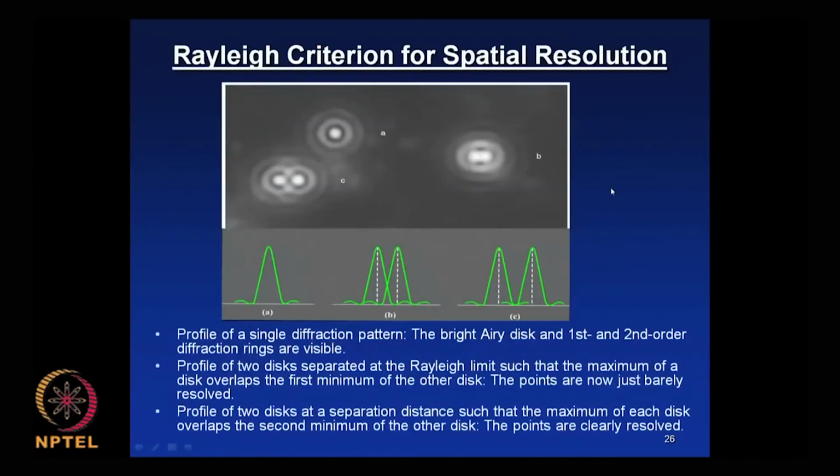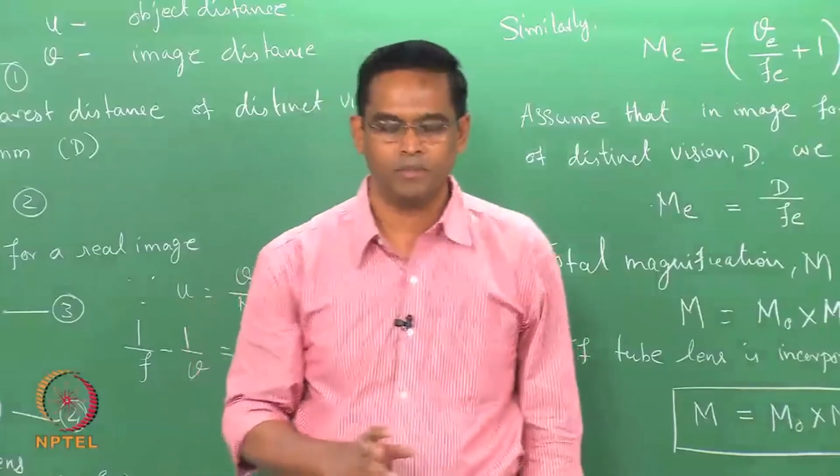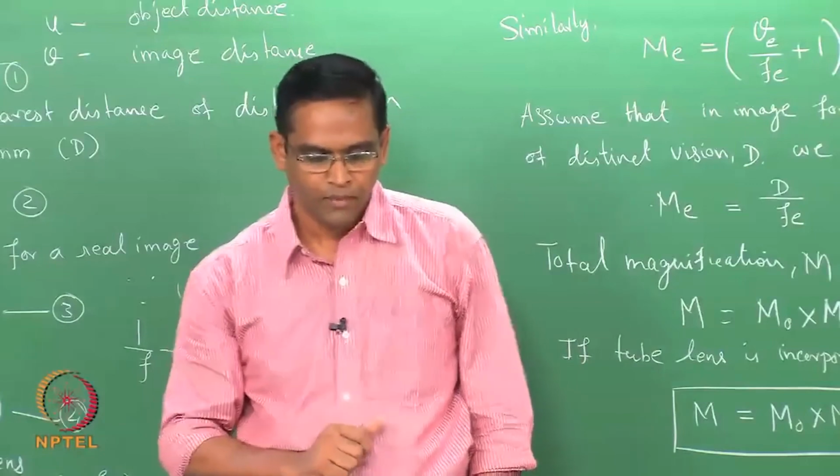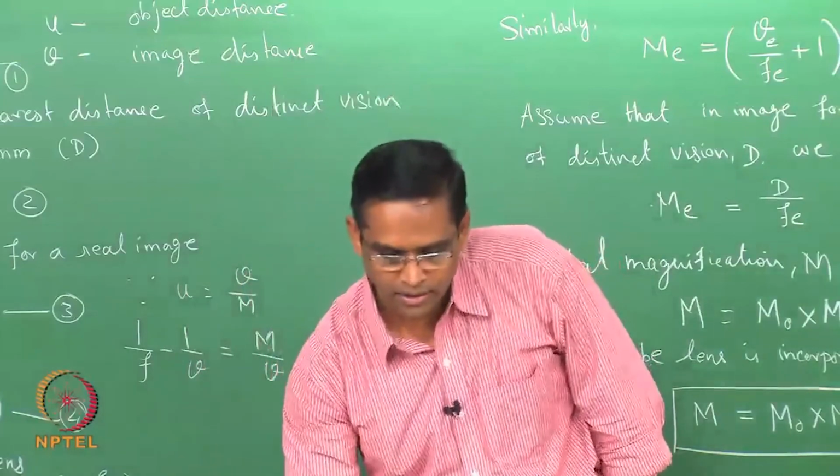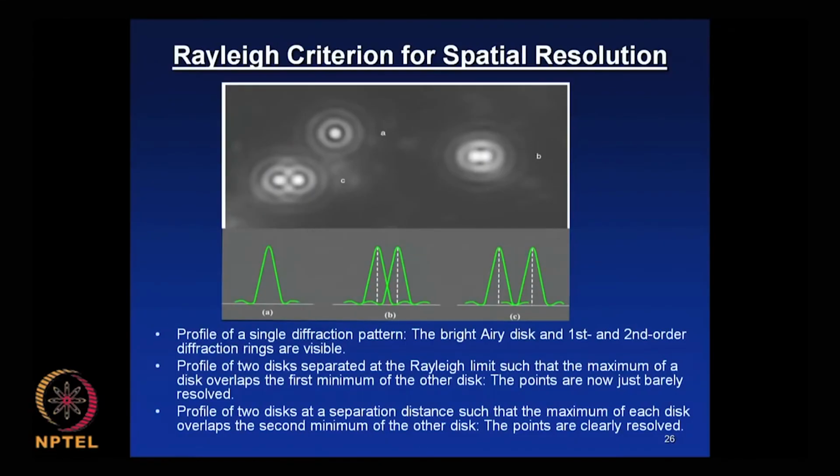And if you look at the Rayleigh criterion for spatial resolution, in most of microscopy we use spatial resolution. What we talk about is spatial resolution. So, if you look at this slide, you have a profile of a single diffraction pattern here, and the bright Airy disk and the first and second order diffraction rings are visible.